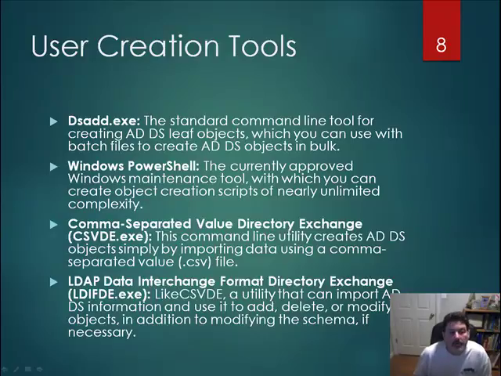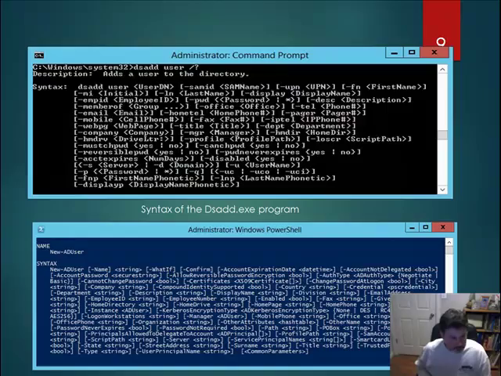There's also the LDAP Data Interchange Format Directory Exchange, also known as LDIFDE. It works very similarly to the comma separated value directory exchange. It has the ability to import Active Directory information and use it to add, delete, modify objects in addition to modifying the schema itself if necessary.